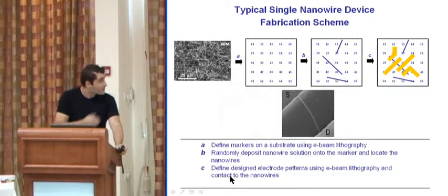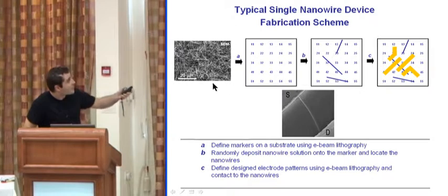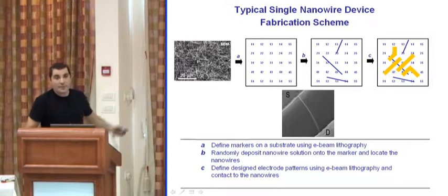this scale. So how did people in the past prepare devices from nanowires generally? They took the nanowires from the growth surface. That's a SEM picture from a growth surface of nanowires that grow randomly on a silicon oxide surface. We need to remove the nanowires from the surface.